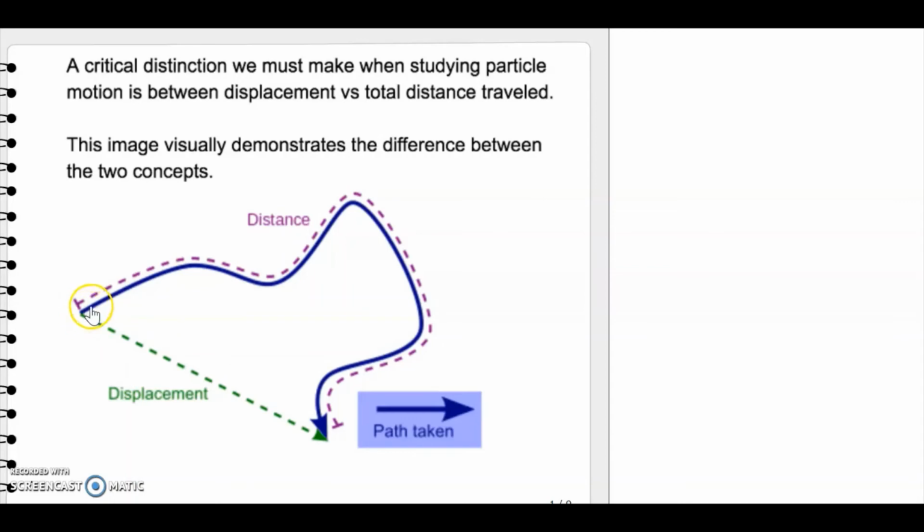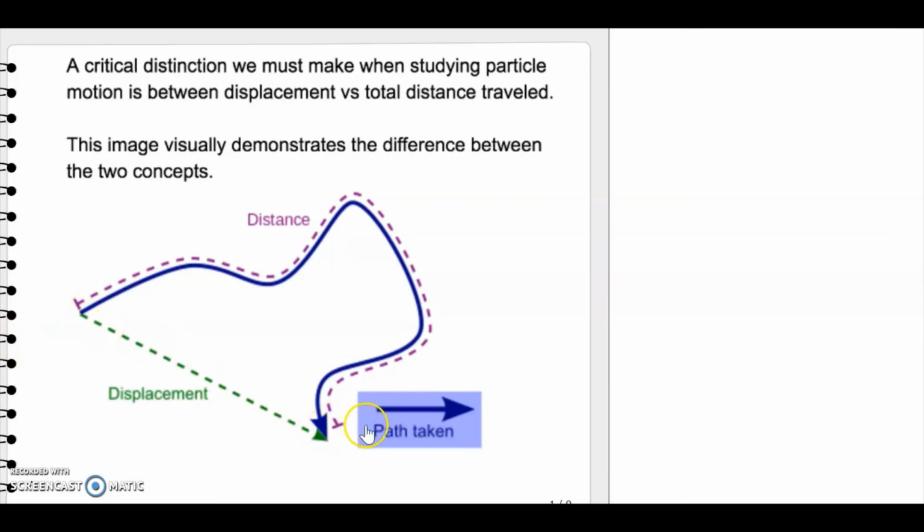So if I'm going on a long walk, all the way around this path, and I end up at this point, my distance is how far I traveled, all the way around. The displacement is different because it's from the starting point to your end point.